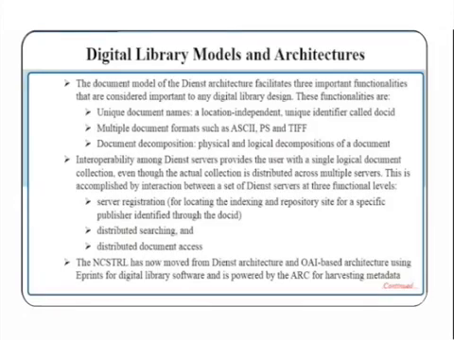Interoperability among DIENST servers provides the user with a single logical document collection, even though the actual collection may be distributed across multiple servers. This is accomplished by interaction between a set of DIENST servers at three functional levels, that is, server registration, distributed searching, and distributed document access.